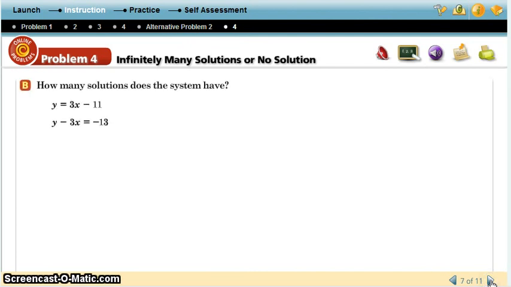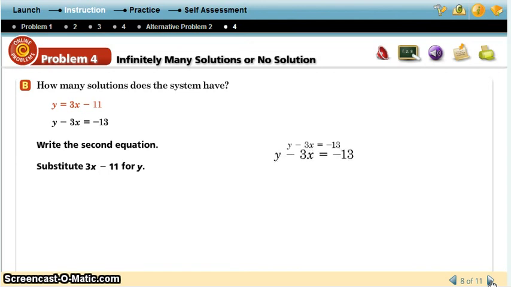Part B. How many solutions does the system have? The first equation is y equals 3 times x minus 11. The second is y minus 3 times x equals negative 13. Write the second equation. Substitute 3 times x minus 11 for y.